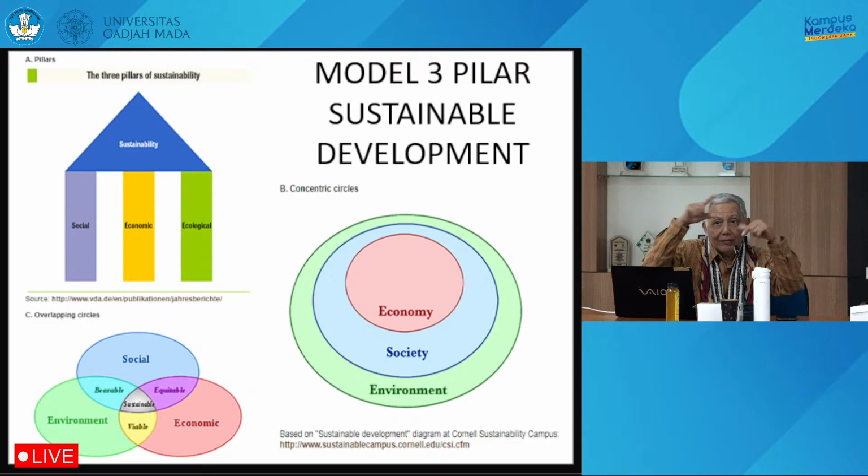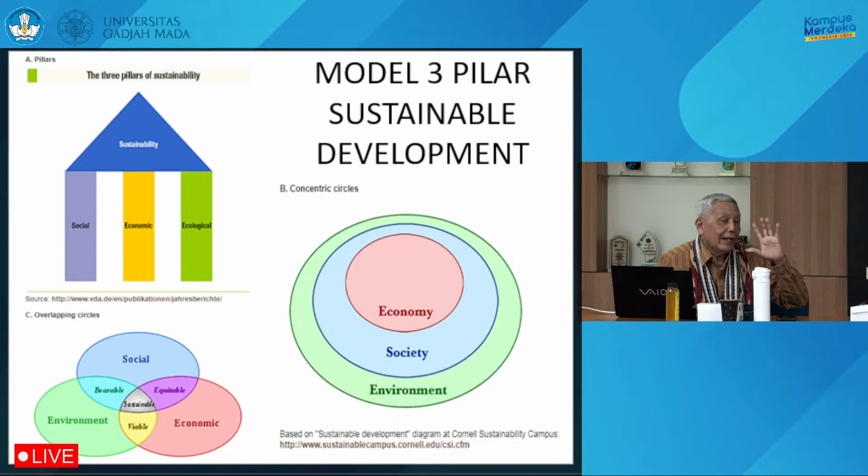It's a good concept now that environment is the first layer. The outer layer is more important than the inner layer. If you have a fruit, that outer layer should be good. Yeah. Okay.